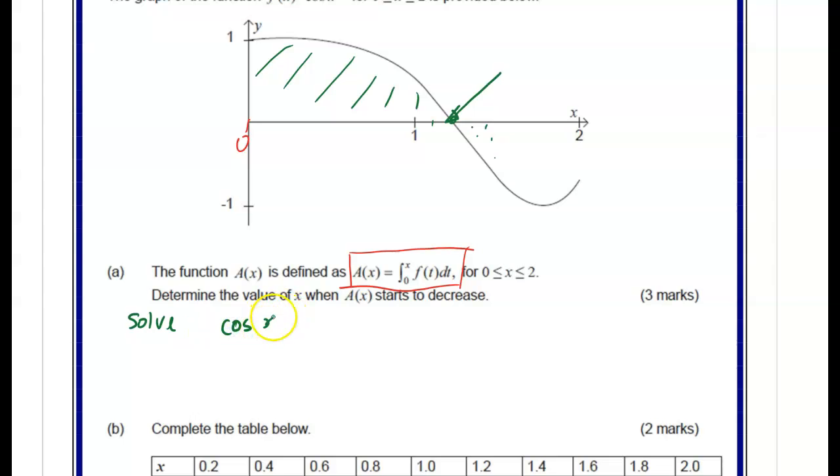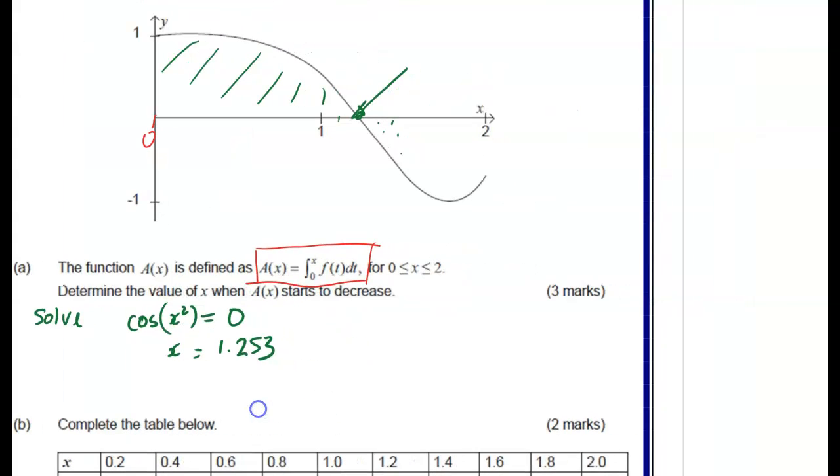Cos x squared equal to 0. And you can do that on your calculator. I think I'm getting 1.253. If we were asked to do this exactly, how do we do it?